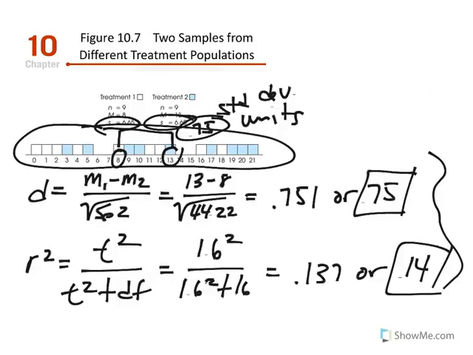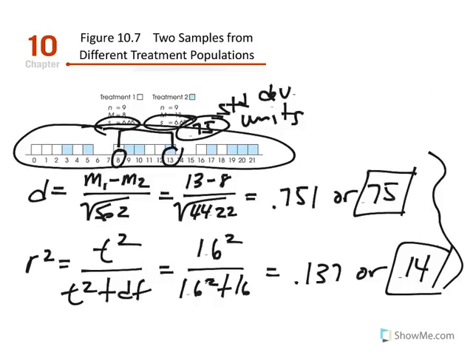So when there's great variability, it's hard to detect true treatment effects because we can't really pinpoint: did the scores that we see after treatment differ because the treatment was effective, or is it just because the scores were very different from one another to begin with?